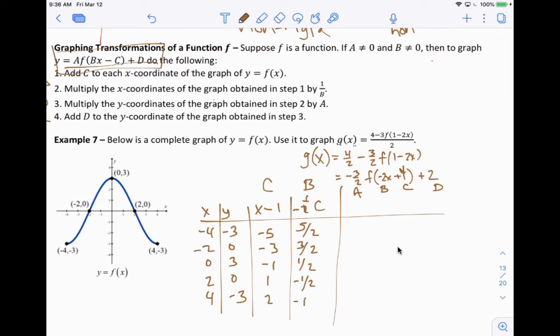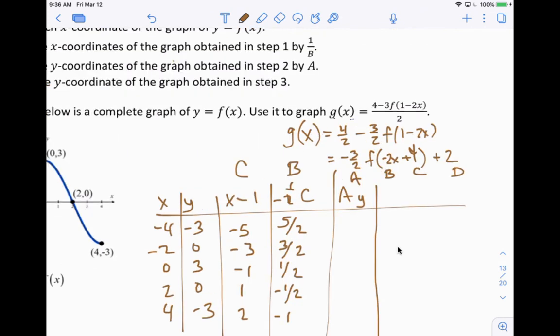Okay, cool. Next up, we're going to multiply all the y coordinates by a. So this is going to be a times y. -3 times -3/2 is going to be positive 9/2. 0 times that's going to be 0. 3 is going to be -9/2, 0, and positive 9/2, because those are very similar.